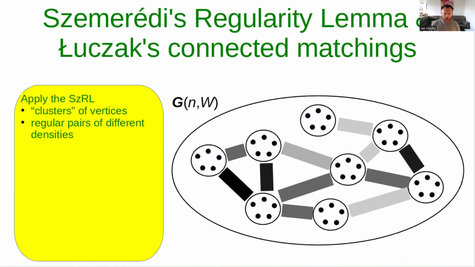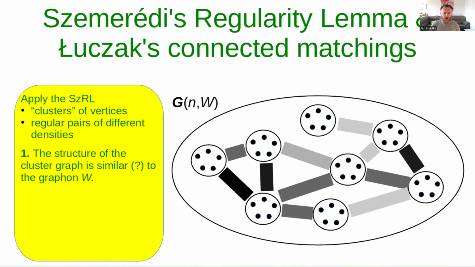So we are given our graph G and W, and we apply the Szemerédi regularity lemma to it. This partitions the vertices of the graph into a bounded number of clusters, and the key feature of this partition is that we have edges in this auxiliary graph between almost all pairs of clusters that behave quasi-randomly, and these are called regular pairs.